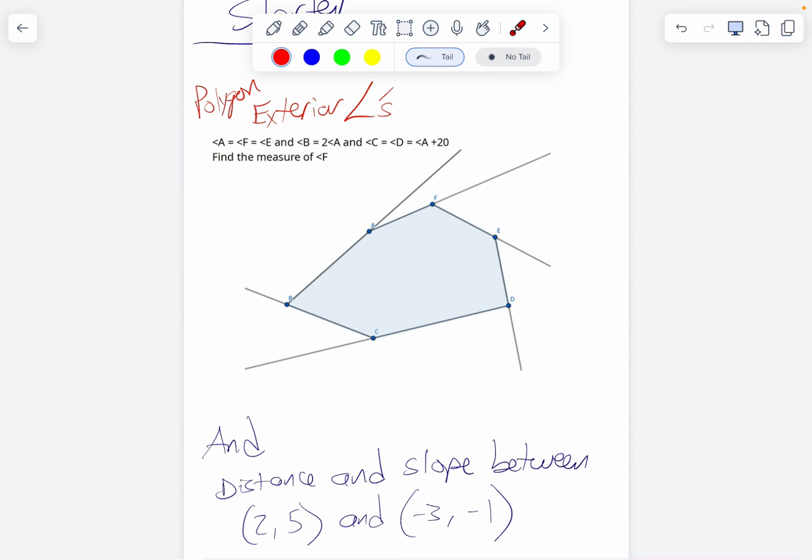It says A, F, and E are all congruent, so A, F, and E are the same. And then it says B is twice A, so maybe call that 2A just to get something into the picture. It says C and D both equal A plus 20.